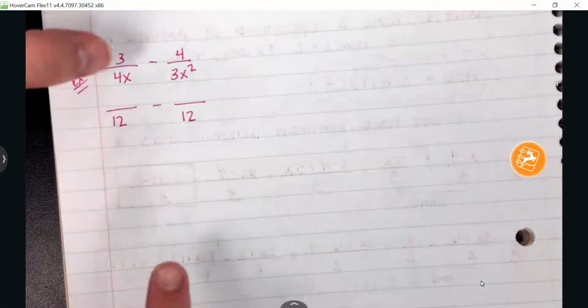So my biggest suggestion is look at your denominator 2 different ways. Number 1, look at numbers. Number 2, look at letters, okay? So if I'm just looking at 4 and 3, what common denominator does a 4 and a 3 have? 12. So I know my new denominator is going to have a 12 in it, okay? Now, I have an x and an x squared.